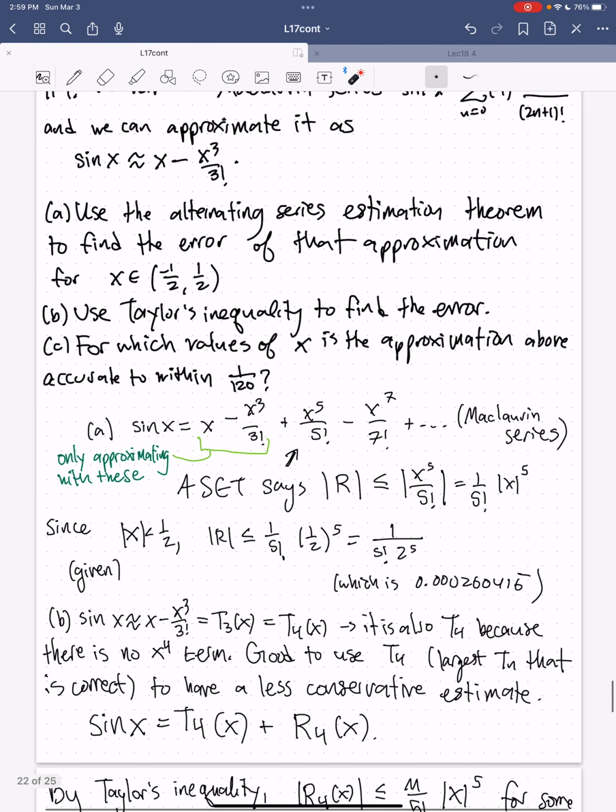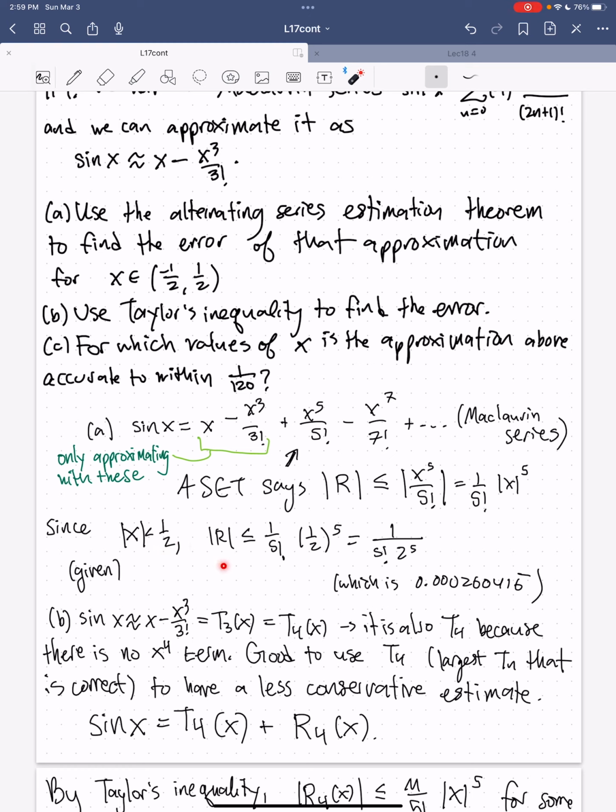So if we look at the expanded Maclaurin series for sine x, we're really just taking these first two terms. And the alternating series estimation theorem says that the remainder is going to be less than or equal to the absolute value of the next term. So here, that's just 1 over 5 factorial times absolute value of x to the 5. Because our interval is specifically taking x between -1/2 and 1/2, we can say that the absolute value of x is at most 1/2.